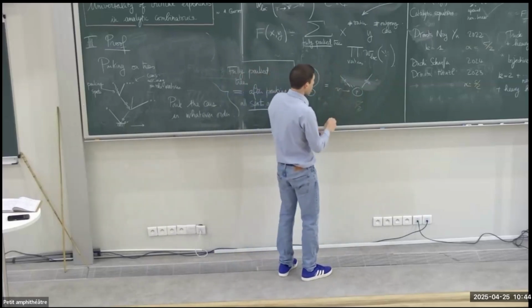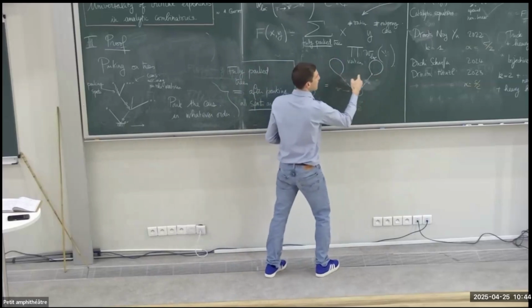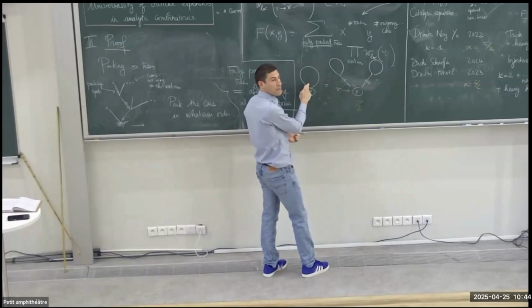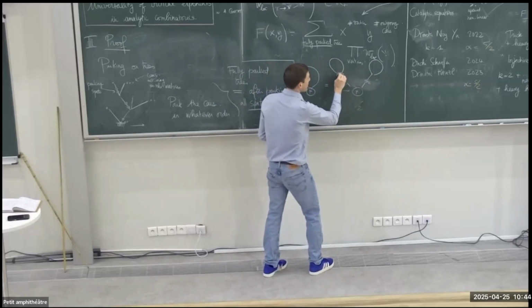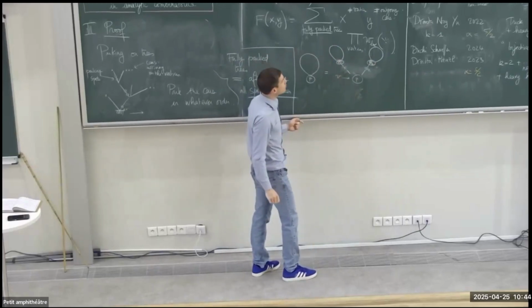So what kind of fully packed tree must I put there and there so that if I glue on this pattern, I get a fully packed tree with the flux of P? So let me say that the flux here is P1, and the flux here is P2. So what should I have?